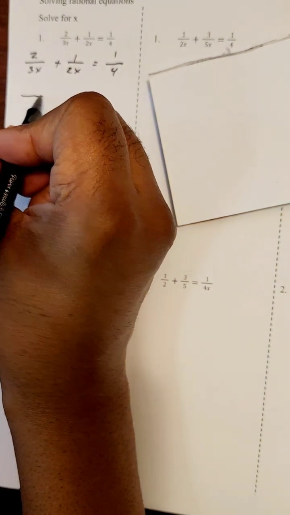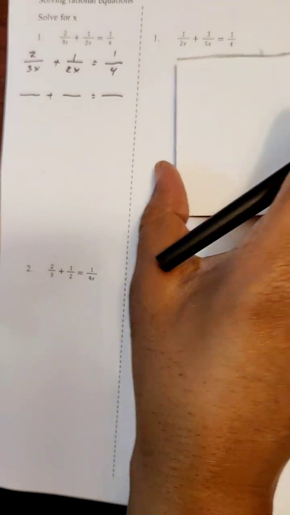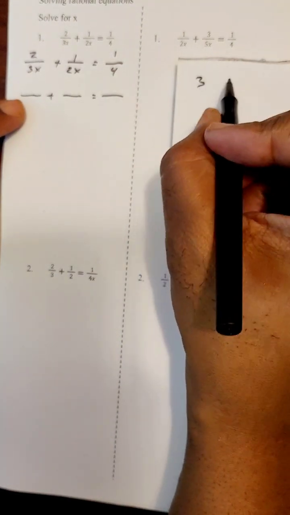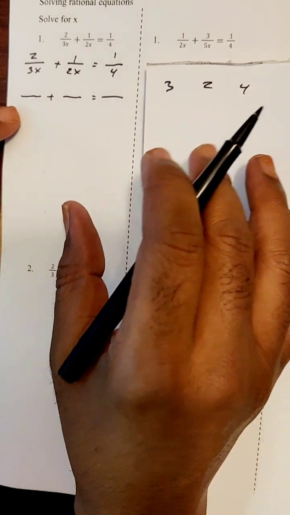Now we're going to give them all the same denominators. So we'll get 3, 2, and 4. And we want the least common multiple.